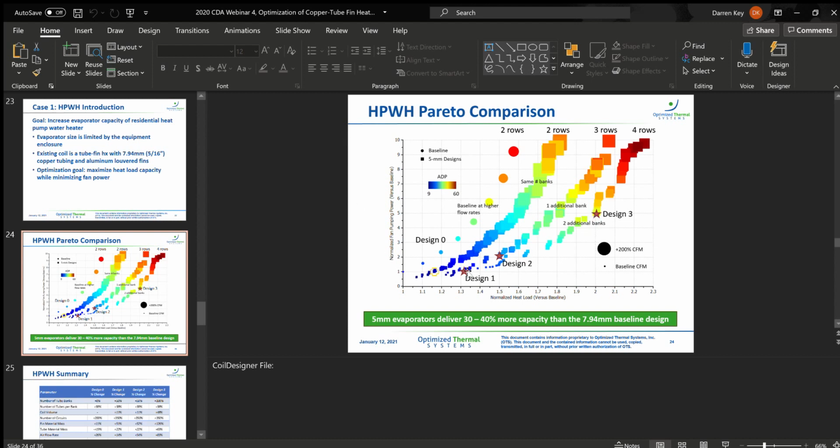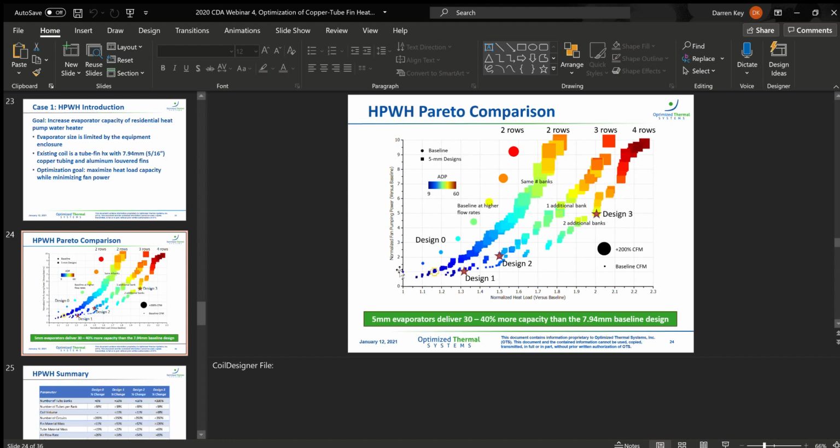The customer, in fact, decided to build and test this design 1, which had, I believe, that's in the 3-row range. For the sake of the cost model, since this is, like I said, a bread and butter example, we took a look at the material required for this, and we're calling design 0 here.